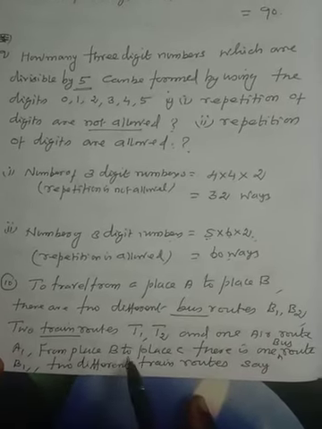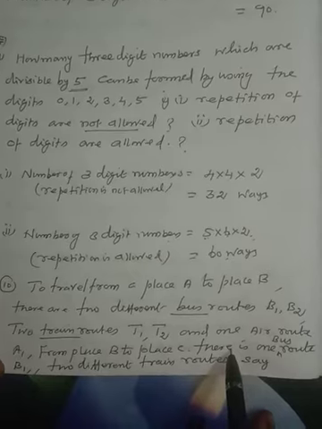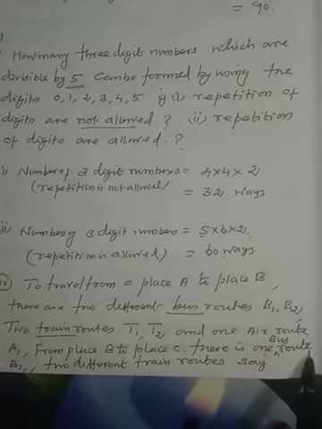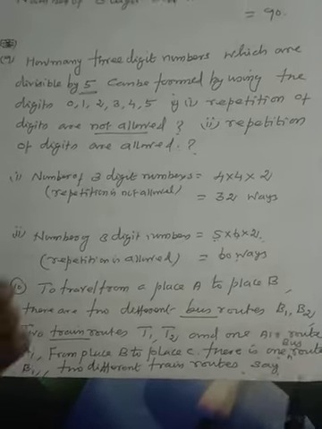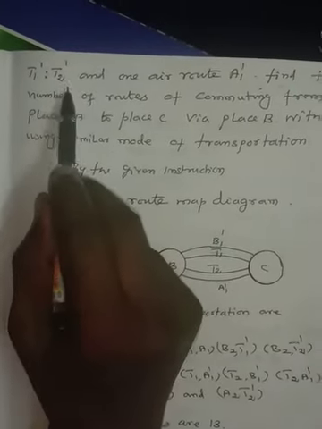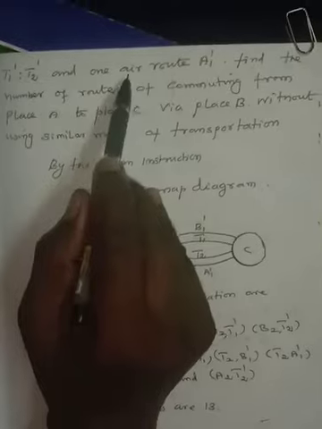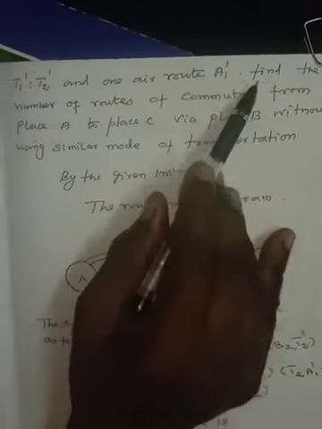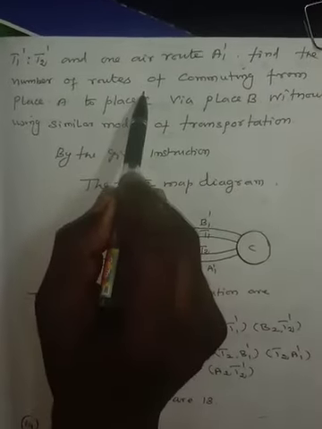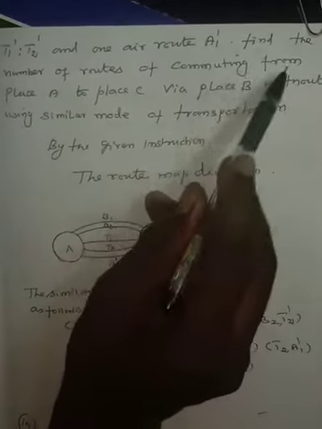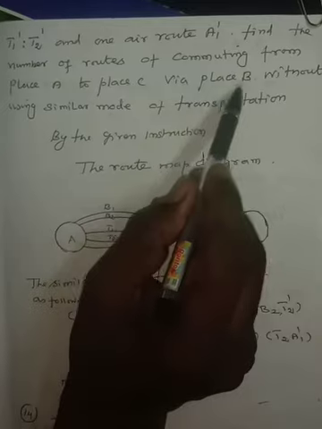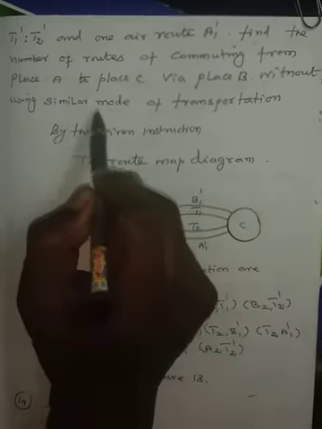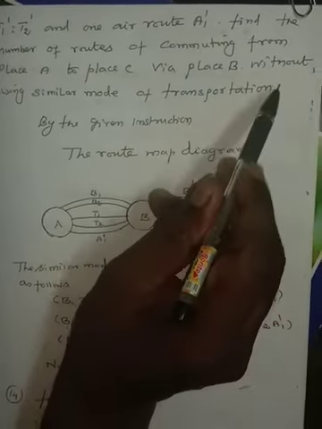From place B to place C, there is one bus route B1 dash, two different train routes T1 dash and T2 dash, and one air route A1 dash. Find the number of routes of commuting from place A to place C via place B without using similar modes of transportation.